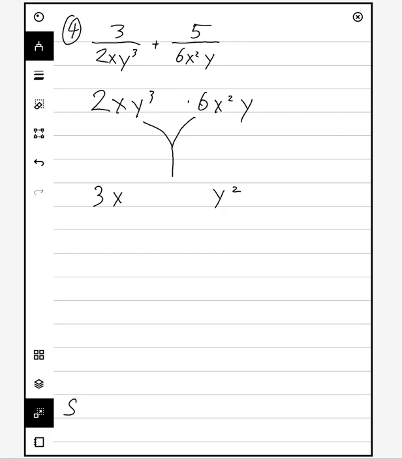Y squared. Okay, so take this and multiply it to this side. Take this and multiply it to this side. But not just the bottom, both the top and the bottom.